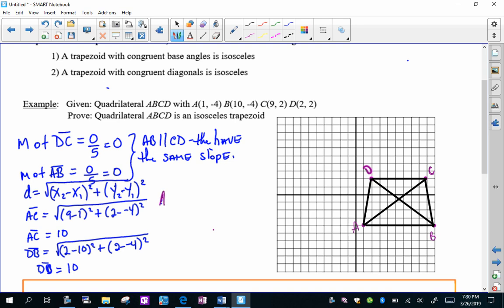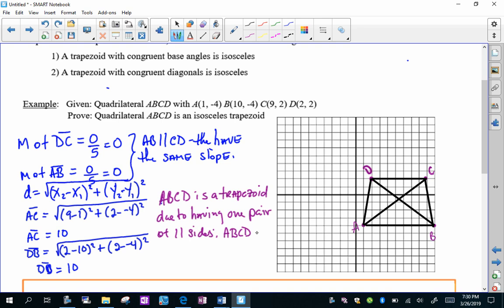I can say that ABCD is a trapezoid due to having one pair of parallel sides, and I also can say ABCD is isosceles due to diagonal DB being congruent to diagonal AC.